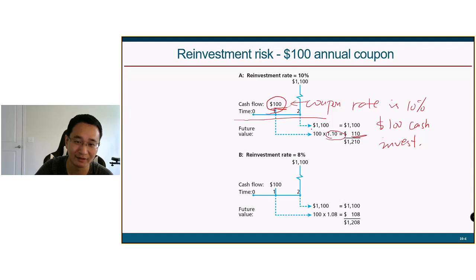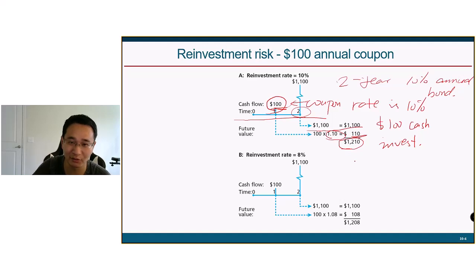And then this is a 2-year 10% annual bond. At the end of year 2, they are going to give you the principal plus $100 coupon. So you will have $1,100 plus the reinvestment return. So in total, you will have $1,210.